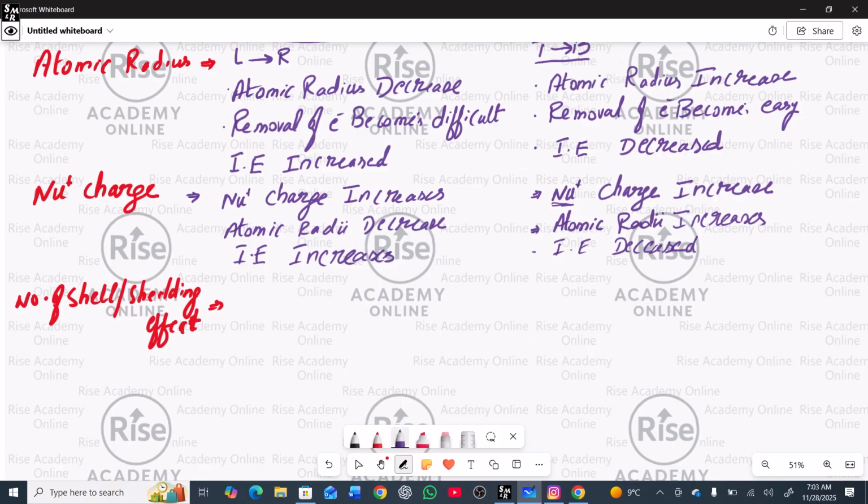As you know, in moving from left to right, the number of shells remains constant, and due to this, the shielding effect is also constant. So they have no effect on ionization energy in moving from left to right.